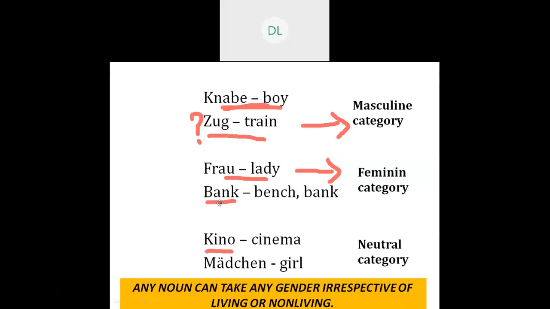But there's a noun called Bank, meaning the bench or a Bank of India, Bank of Baroda, whatever, a bank. Non-living thing, but coming under the feminine category. Last one, Kino, cinema, non-living, no problem, in English also, in German also, neutral. But there's a noun called Mädchen, meaning a girl, living, but it is coming under the neutral category.